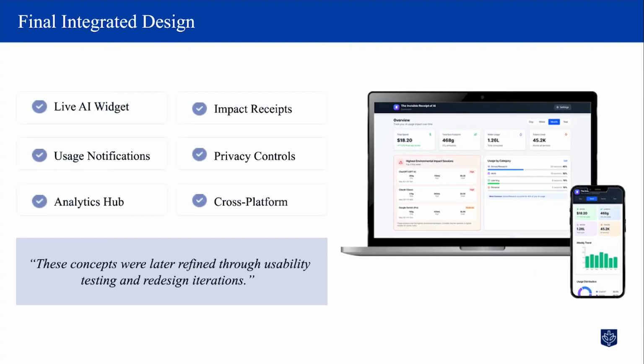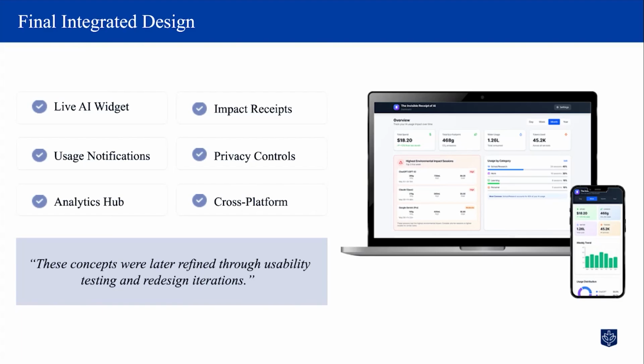The final solution combines all of our concepts into a single transparency-focused platform. Users can monitor AI activity through a live widget, generate impact receipts, review historical trends in the analytics dashboard, receive notifications, and customize tracking through privacy controls.